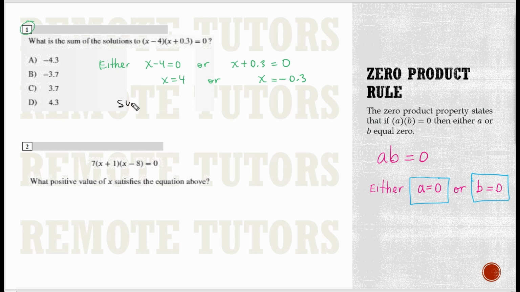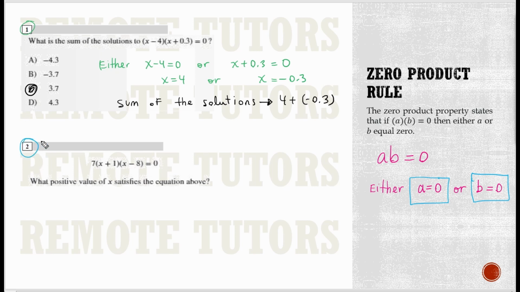Therefore, the sum of the solutions is 4 plus negative 0.3, and that gives 3.7, choice C.